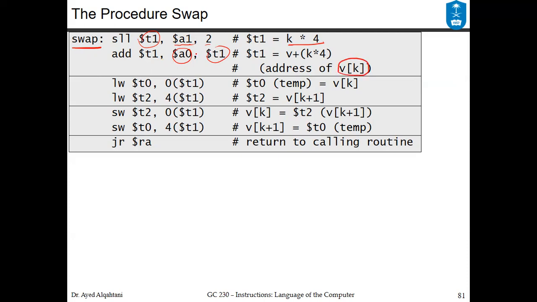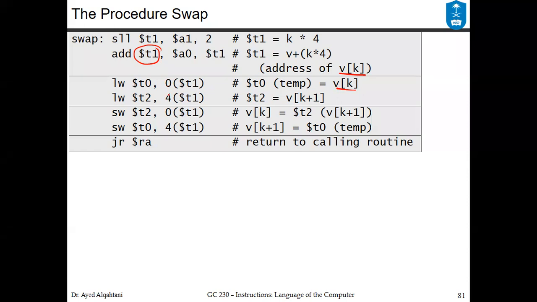Now we know that the address of v[k] is in the register T1. We can now load v[k] if we use the offset 0.